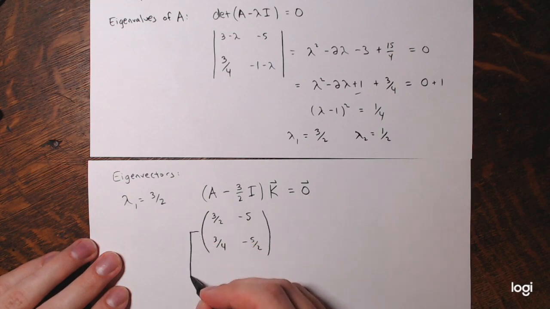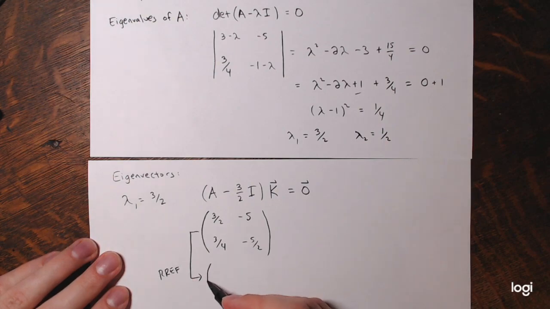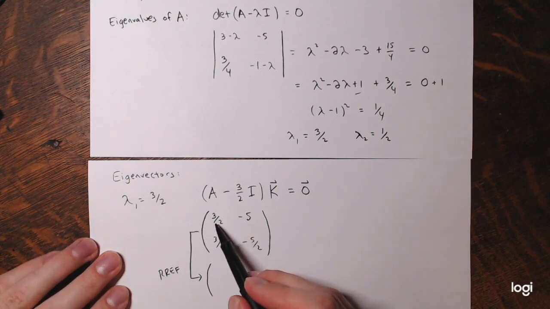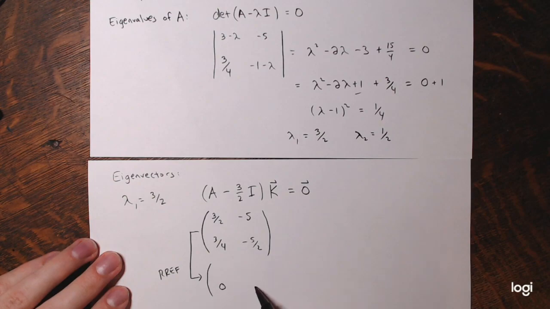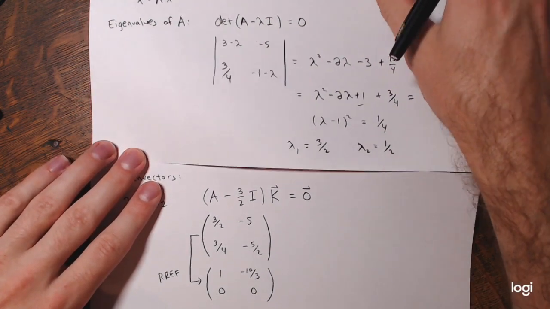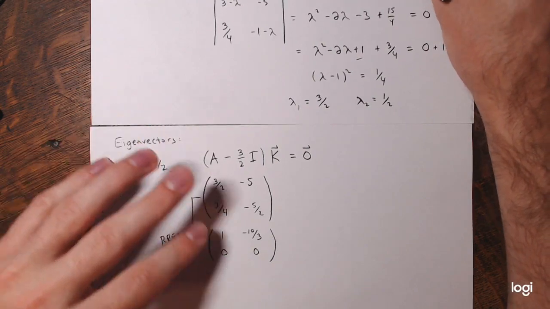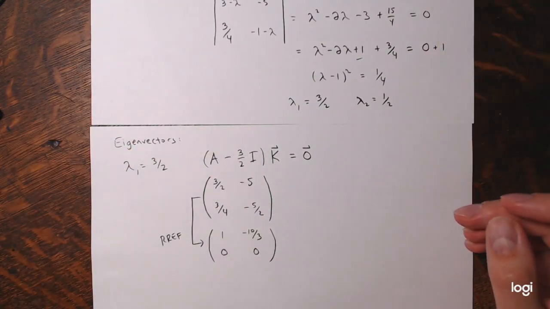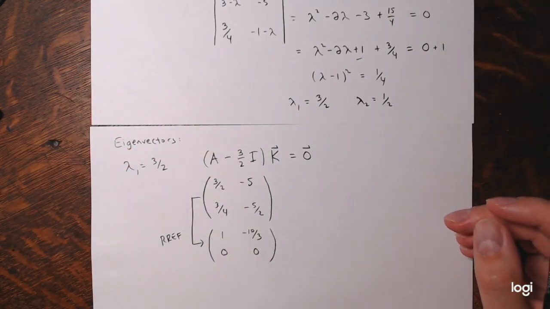Alright, and then I wish to put this into reduced row echelon form. If I just multiply the top by negative half and add to the second row is 0, and then I multiply the top by 2/3, you get 1, and then negative 10/3. Alright, there's the matrix in reduced row echelon form. Again, you can use a calculator. Most of these 2 by 2 should be pretty easily done by hand.